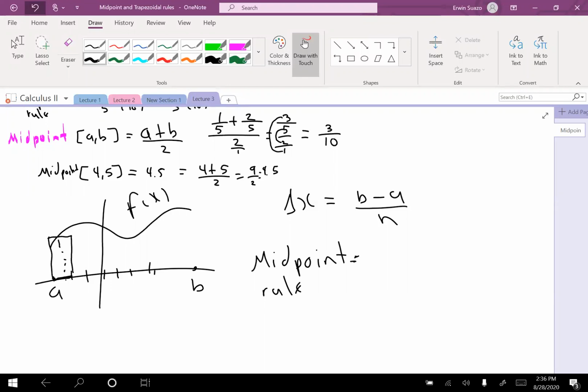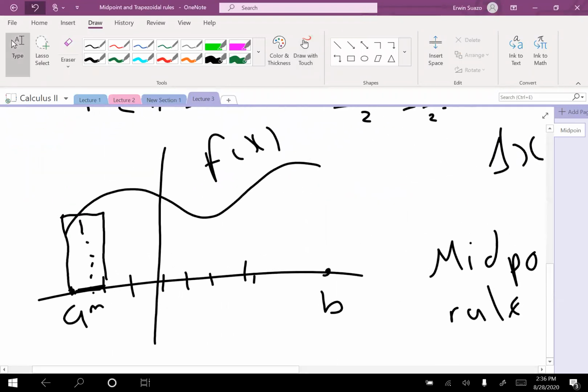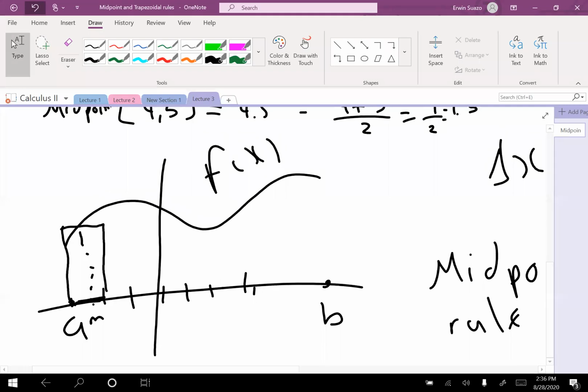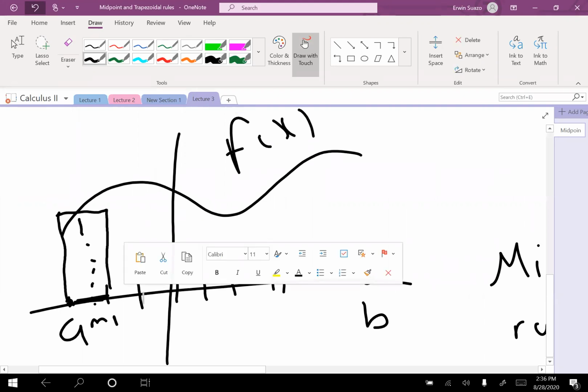Let's call the midpoint m1, like in the book. So this guy is m1, this guy is m2.